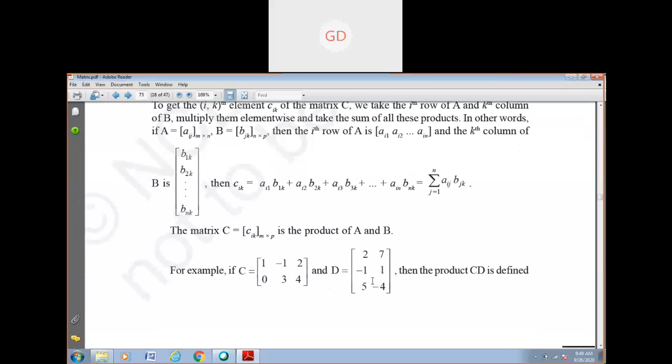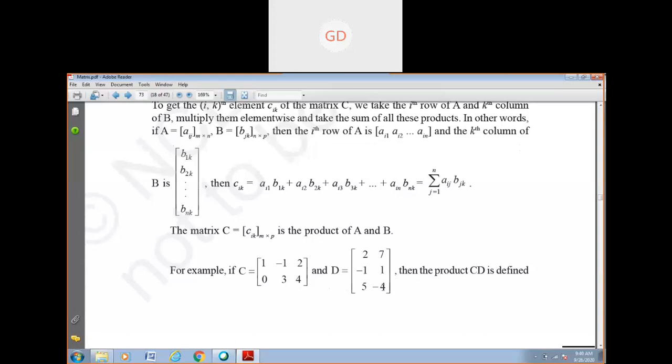It is not mandatory to be the same order. But the condition is the number of columns of the first matrix, that is C: 1, 2 and 3, 3 columns. On the other side, the number of rows in the second matrix: 1, 2, 3. Exactly the same. That means the number of columns of the first matrix is equal to the number of rows of the second matrix, so the condition is fulfilled and it is allowed to go for multiplication.